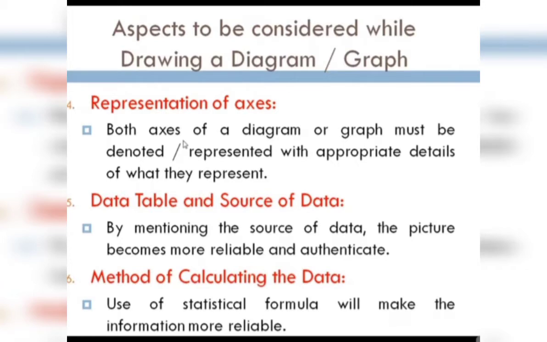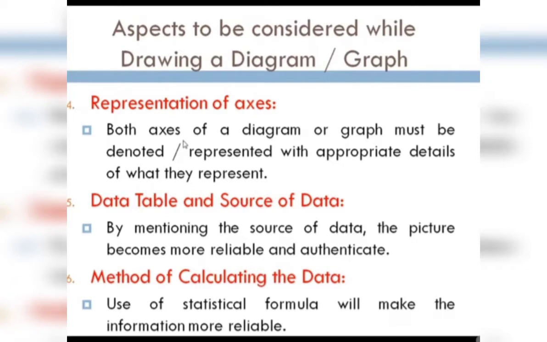Then the sixth one, method of calculating the data. Use of a statistical formula will make the information more reliable. With the proper statistical formula, we can say reliable information is there.